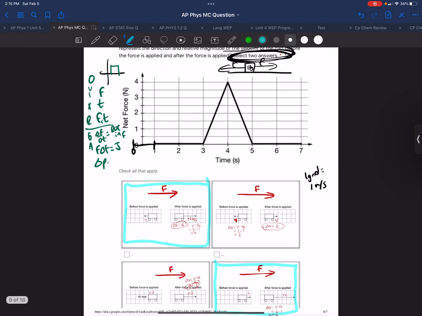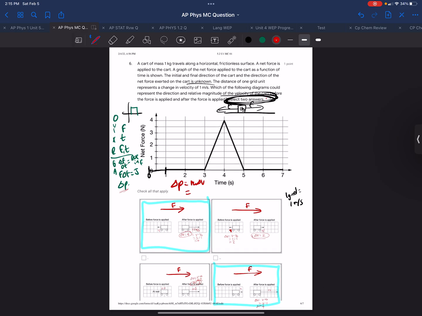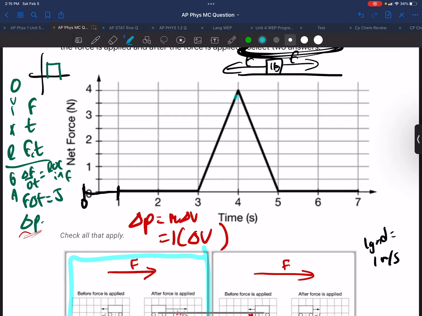Well, we know the change in momentum is m delta V. The mass, we are told, is 1 kilogram. So we need to find our delta V, and we can find our delta P through the area. The area looks like this triangle, and then there's this part over here.